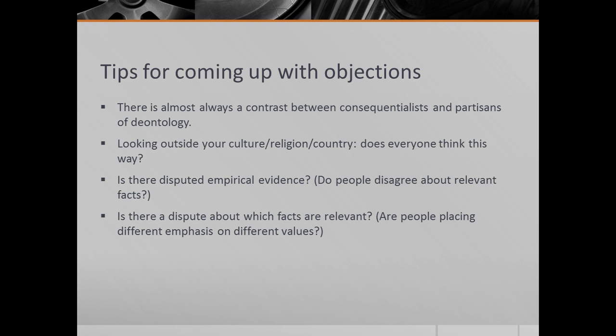And of course, if it's not a question of empirical evidence, then it's a question of values. And so there might be a question about which facts are relevant. Different values will point to different facts. And so people will place different emphasis on different values, and so let me give you an example of this. Maybe that'll make it clearer.